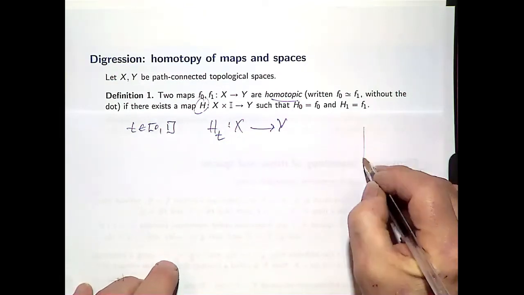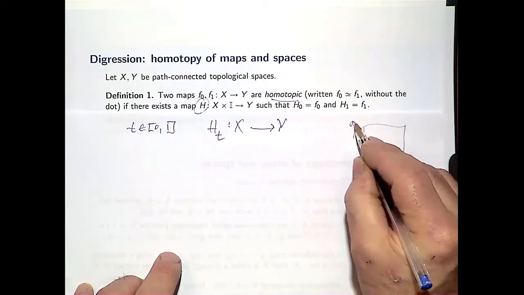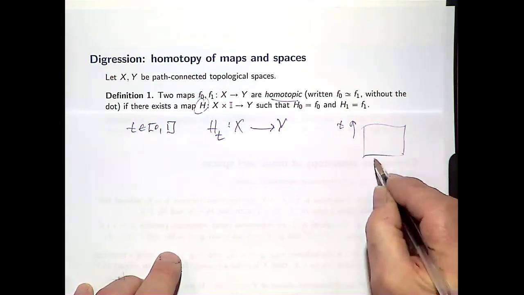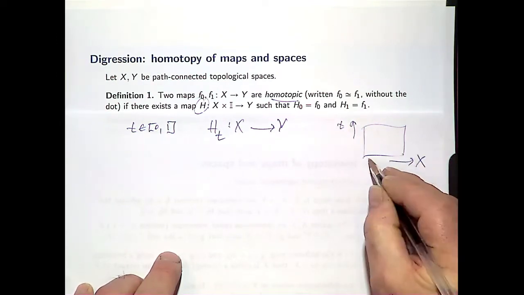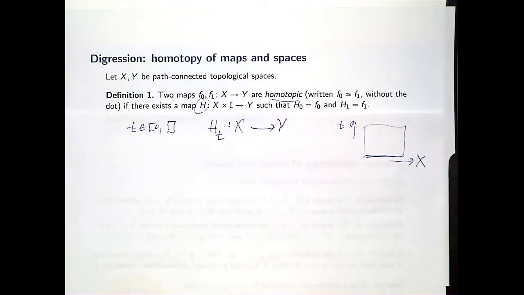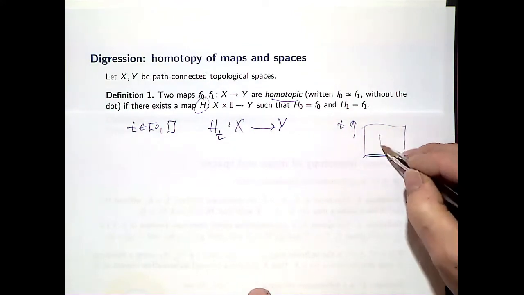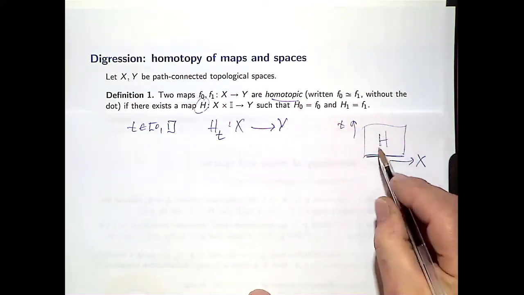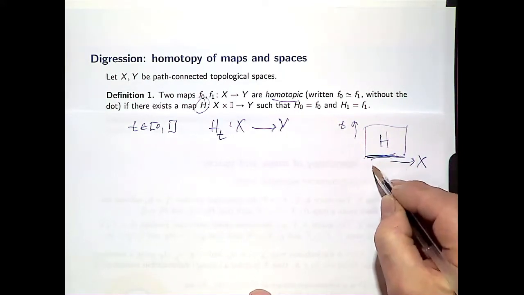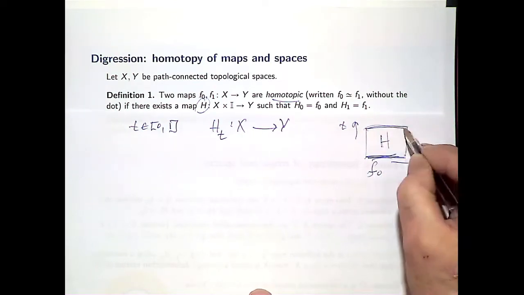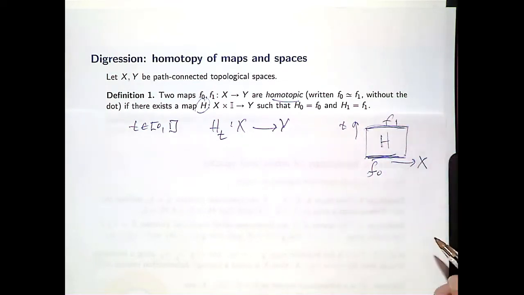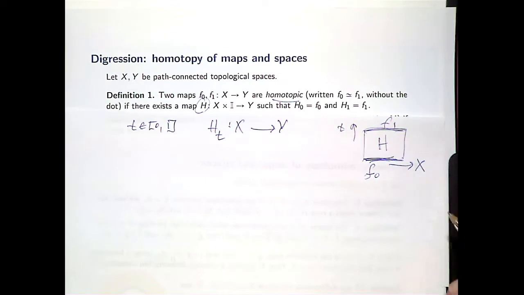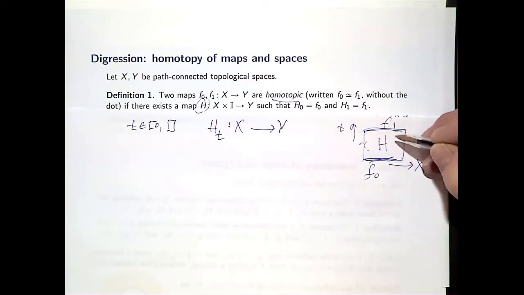It's still in a sense defined on a square, except that we have t defined that way, and here we have the space X, which may not be an interval. This is the domain of H, but when t is 0 we have the original map F0, and when t is 1 we have the map F1. That's the idea of a homotopy. It's just like homotopy of loops, except there's no condition about what's happening here or here.